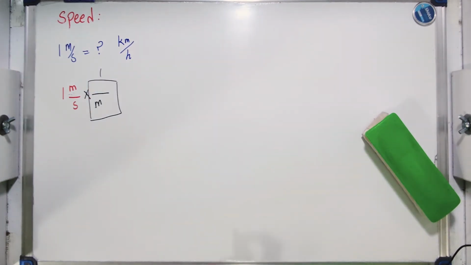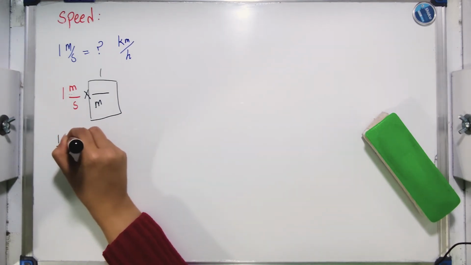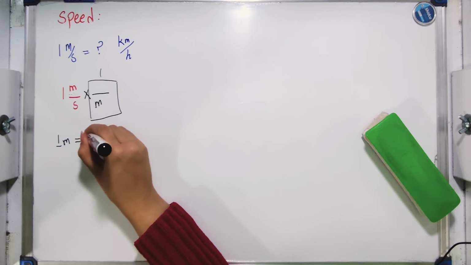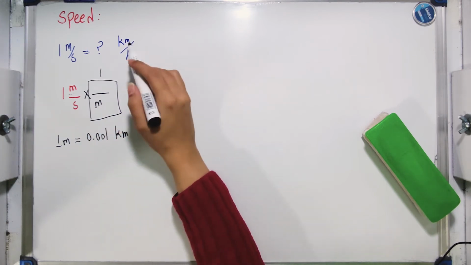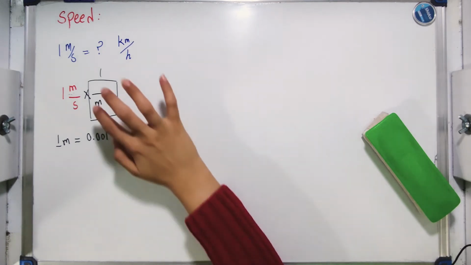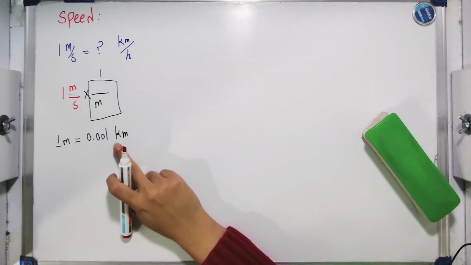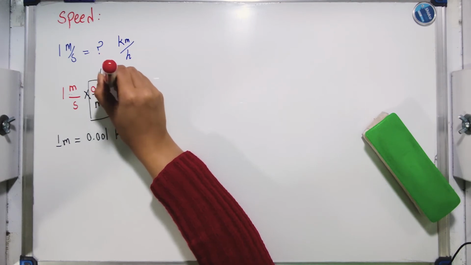Look at here, guys. I can say every 1 meter is 0.001 kilometers. I am changing m to kilometers. So instead of another m at the top of this fraction, I put this value, 0.001 kilometers.